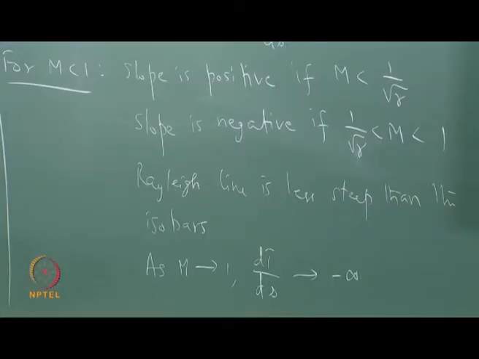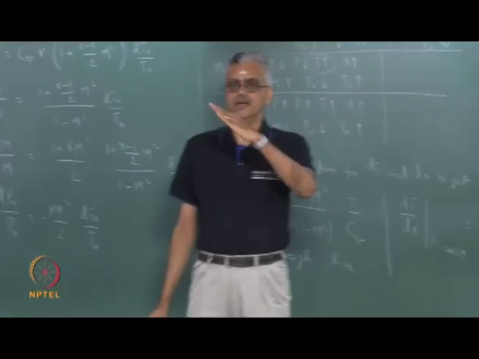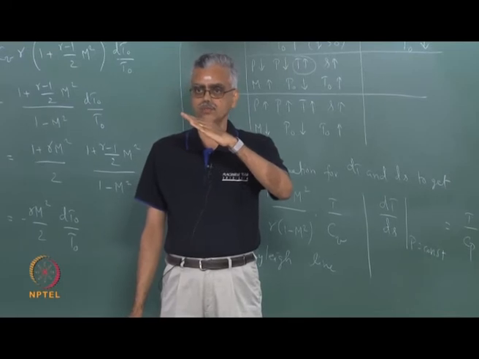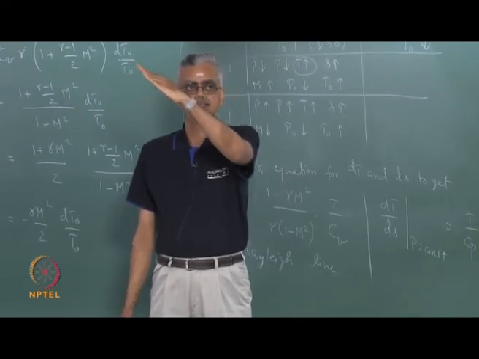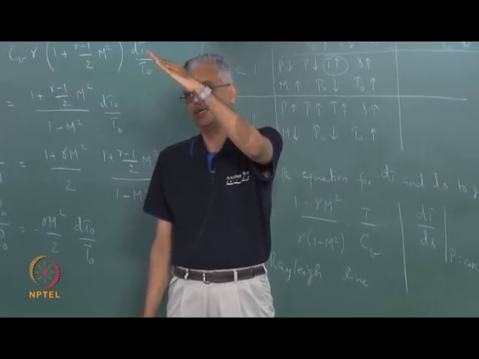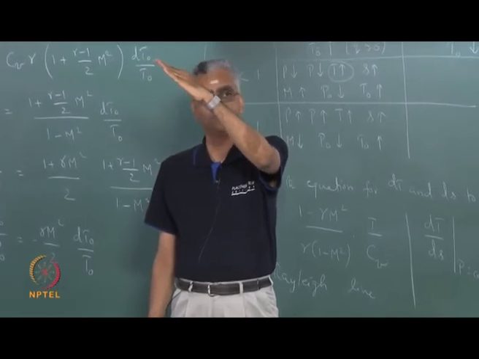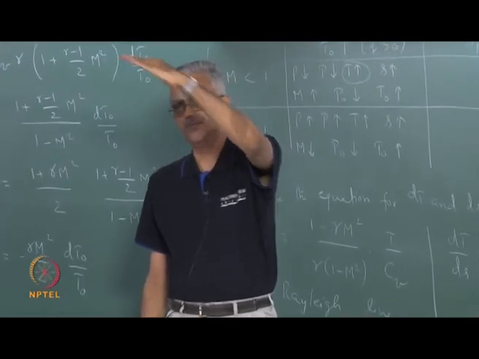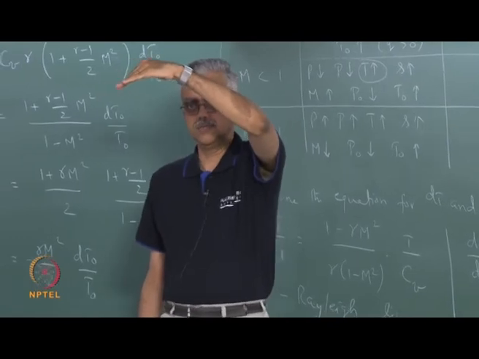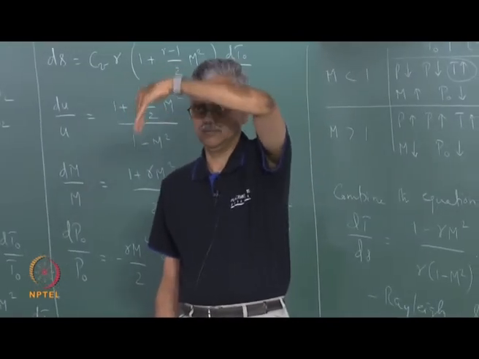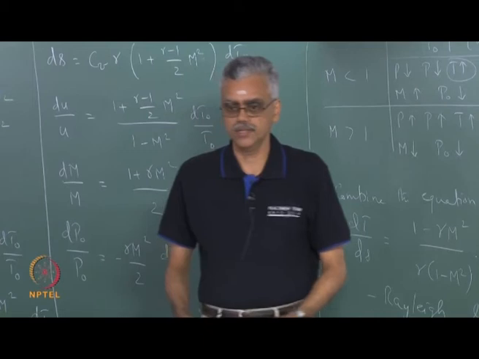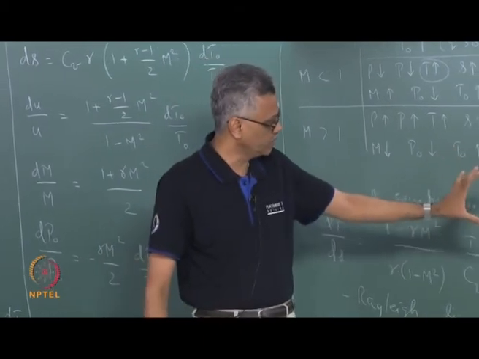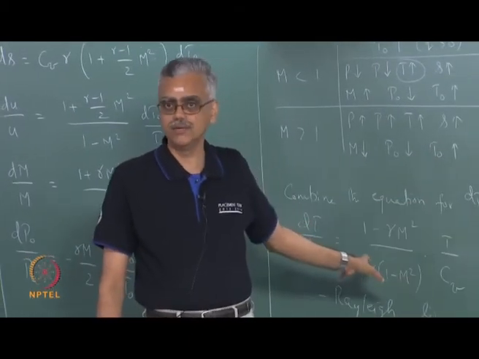If I summarize this, for values of m less than 1 over square root of gamma, the slope is positive, and as it keeps increasing, I get to a value 1 over square root of gamma. Beyond that, the slope becomes negative, which means it goes like this, and then as I approach m equal to 1, it comes like this, minus infinity. Those are the inferences that we get from this single equation.